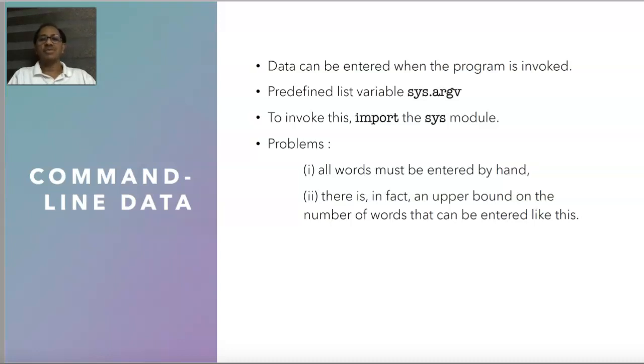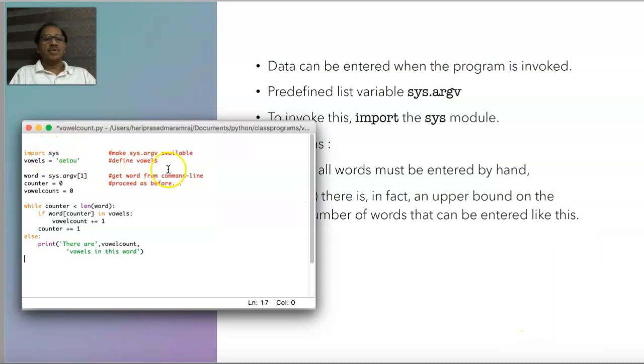There are problems with this kind of inputting data, but before looking at the problems, let's look at how this program can be run. I have written a program already using sys.argv. First, we import the sys module, and this program is nothing but a different version of what we have already done, counting vowels in a given word.